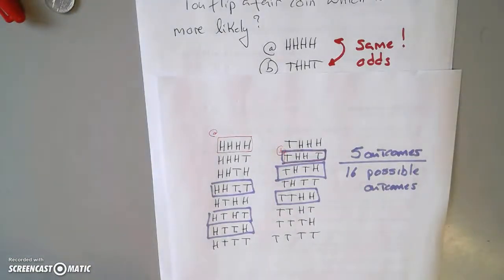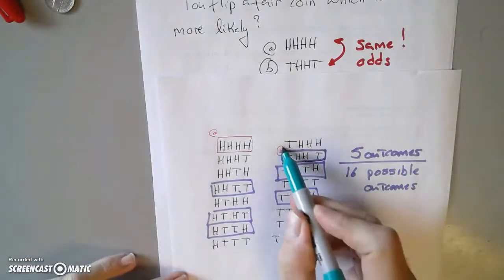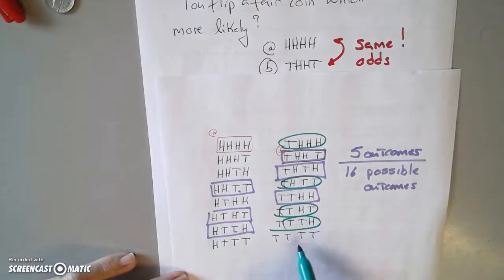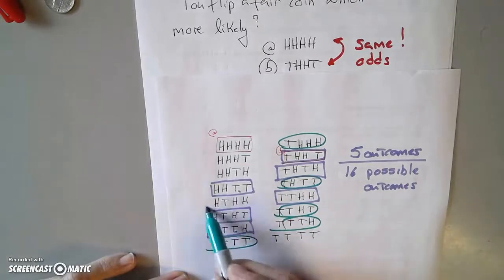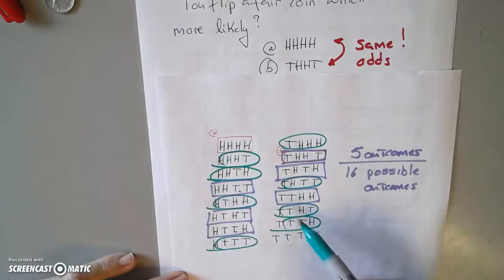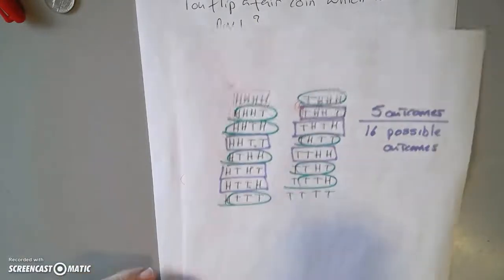What are the odds that they're not even? Well, if you look at all of these, excluding when it's all tails or all heads, 1, 2, 3, 4, 5, 6, 7, 8.